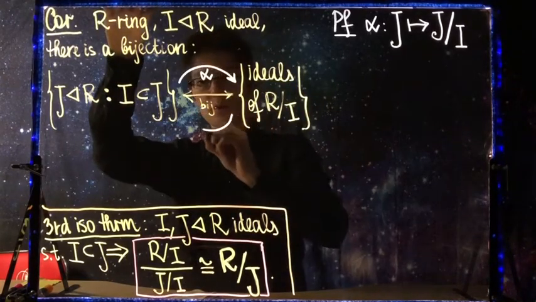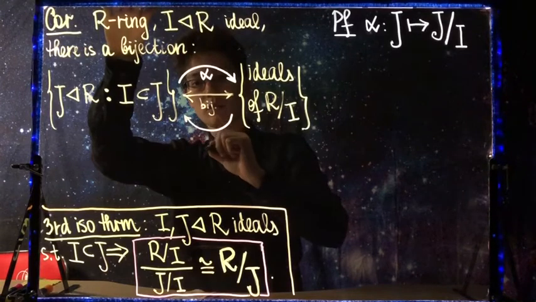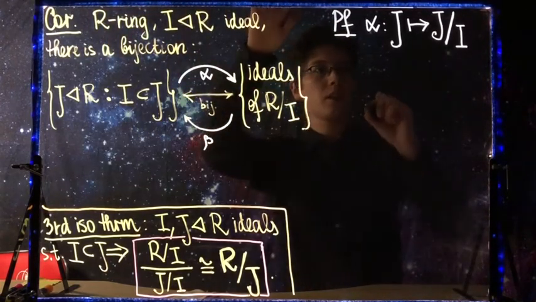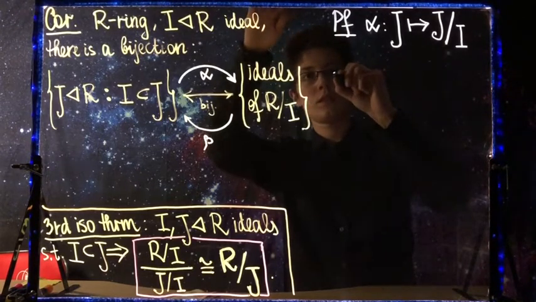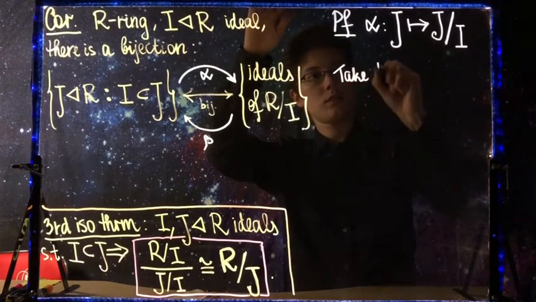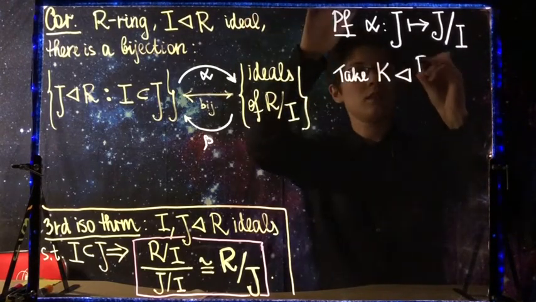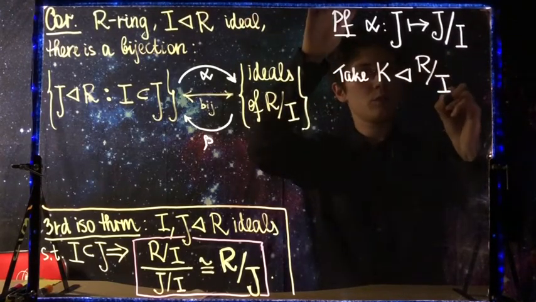And for the other direction, let us take an ideal K inside R mod I.